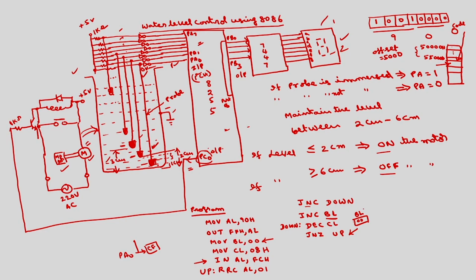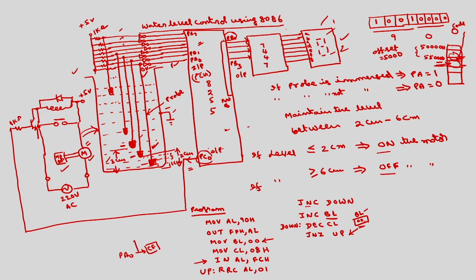Now at the end of this loop, BL will be having either 0, 0, means in the corresponding 0, 0 location we have the 0 code. If it is having 0, 1, in the corresponding 0, 1 location we have the 0, 1 code, and so on. Means simply the contents of this has to be outputted onto port B, so that the corresponding value will be displayed on the 7 segment display.